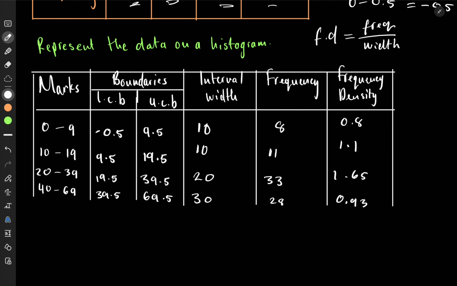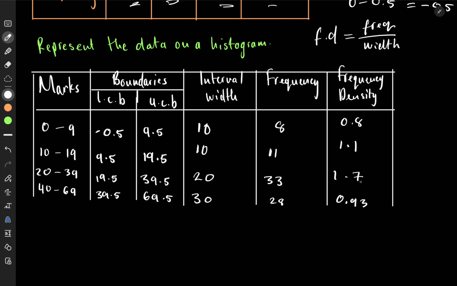But what we do with these is we like to put them to only one decimal place, because that is what we can put on our histogram. So you would round it off to one decimal place. This 1.65, I would round off to 1.7.